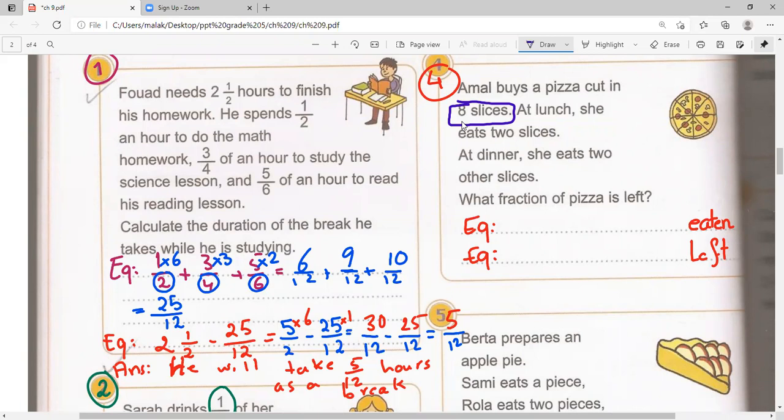Teacher, but we have to make it a fraction, 2 over 1. Why 2 over 1? 2 over what? The denominator represents what, Jawad? 2 over 8. Over 8, the total number of equal parts. Into how many parts did I divide the pizza? Yes, 2 over 8. Not 1.